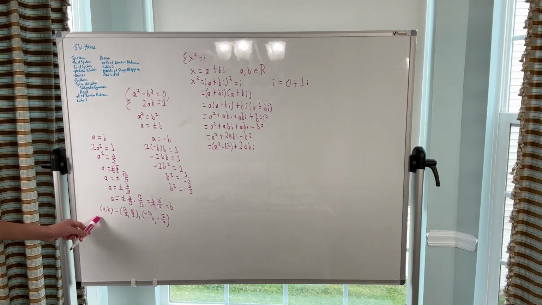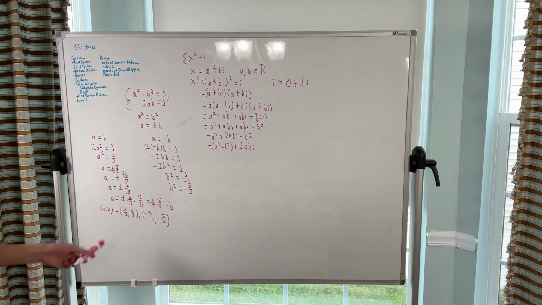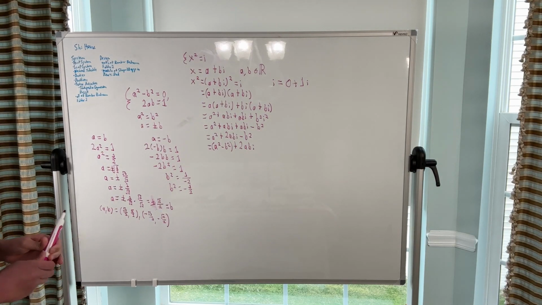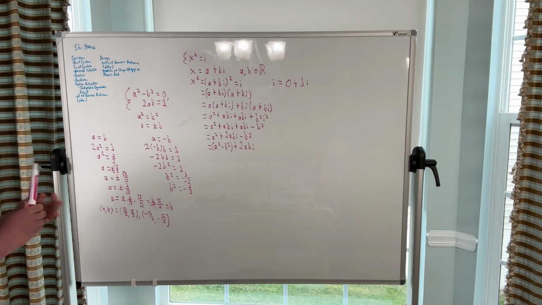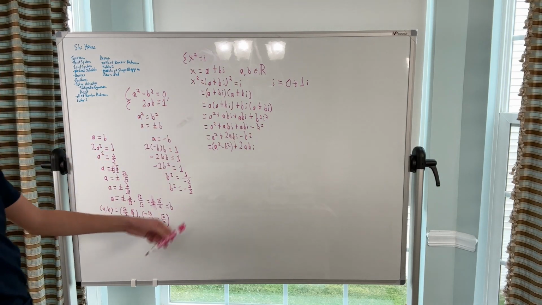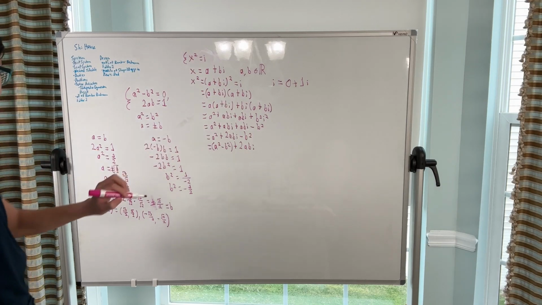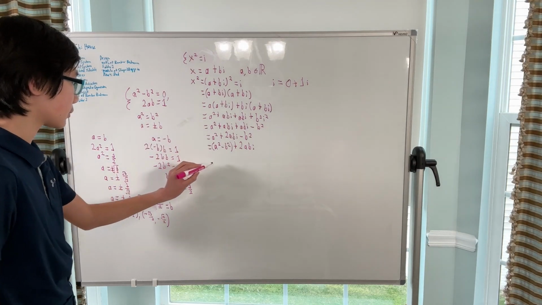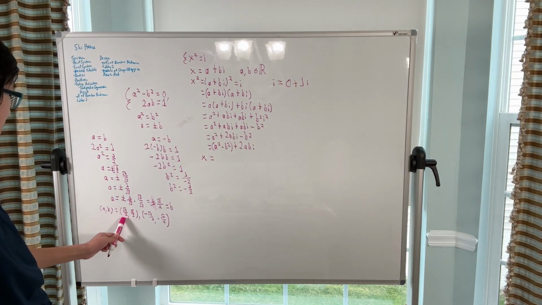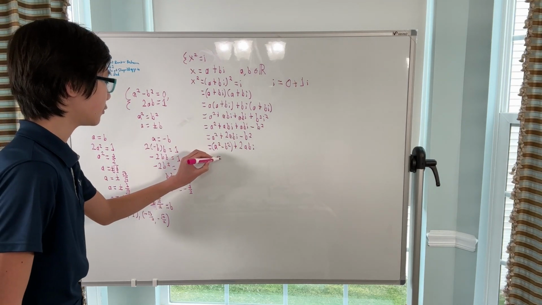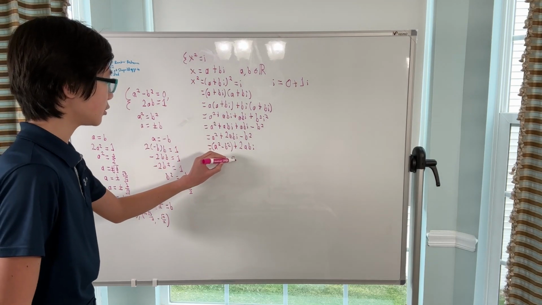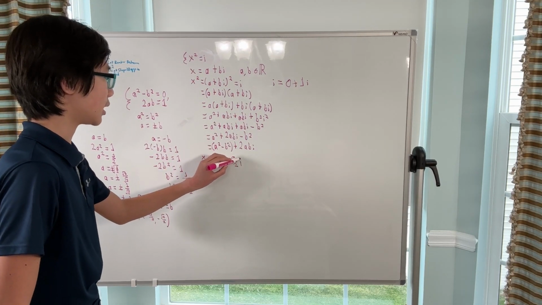Now, knowing that we already solved the system of equations, we can write this thing in the form a plus bi. So x equals a, which is the square root of 2 over 2, plus b, which is also the square root of 2 over 2, times i.